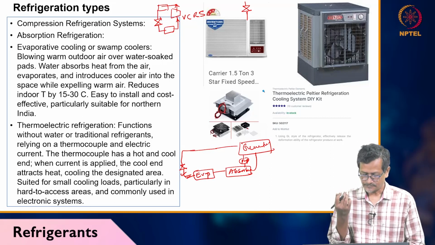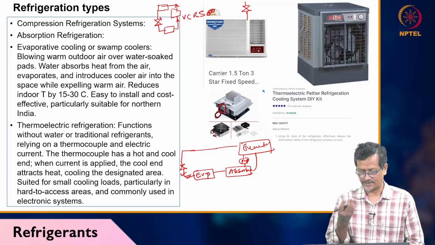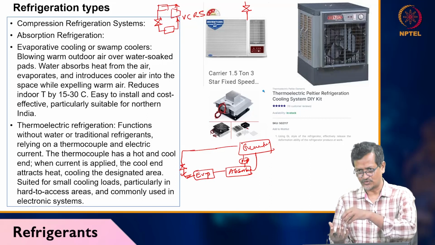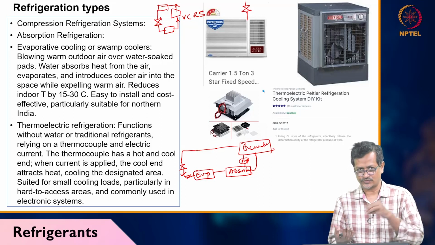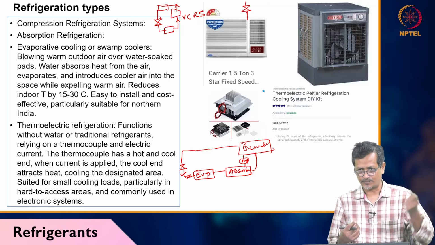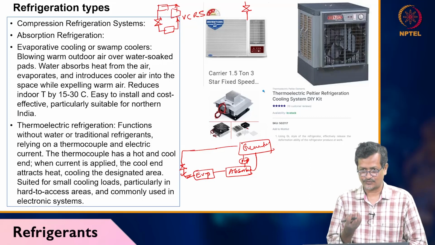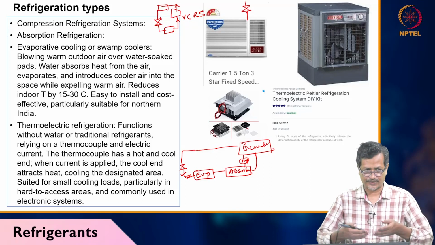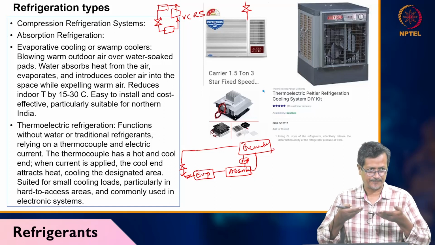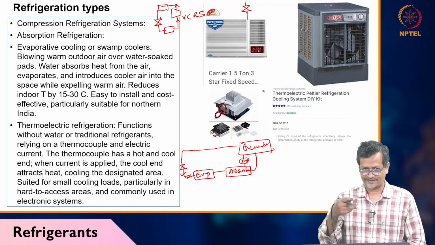Let's say we have liquid or gas ammonia and water: water will absorb lots of ammonia, or water vapor will be absorbed by lithium bromide solution at a very high rate. When it is absorbing, it creates low pressure, and that low pressure evaporates more of the refrigerant. When it evaporates, it takes heat, so you are creating indirect evaporation.